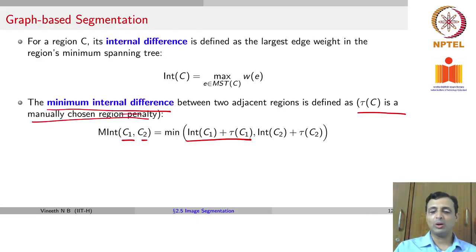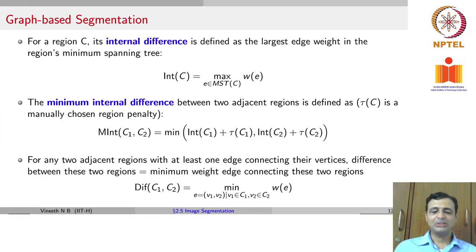And then the second quantity is the internal difference of C2 plus tau of C2. So tau of C1 and tau of C2 could just be, say, the number of pixels that you have in the region, maybe normalized based on that, and so on and so forth. So you have a quantity for region C1, its internal difference plus some penalty, and for region C2, its internal difference and its corresponding penalty, and you take the minimum of these two.